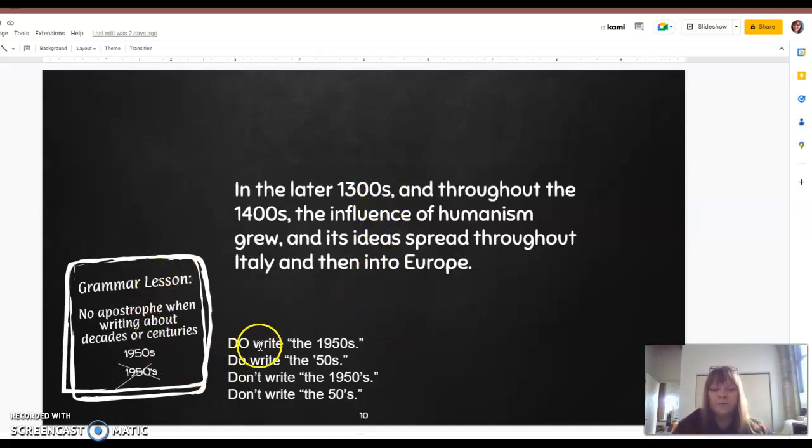So you do want to write the 1950s, no apostrophe, or the 50s, where you don't have to do this, but a lot of people do put the apostrophe in place of the 19. Do not write 1950 apostrophe S or the 50 apostrophe S. No, no, no, because we're too smart for that. We do it correctly, right? So very small little offhand grammar lesson there.